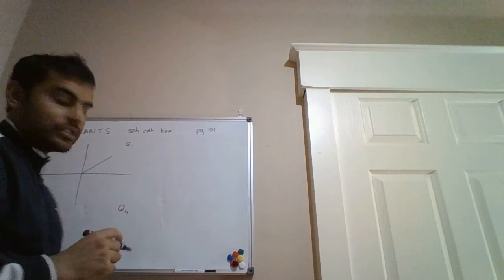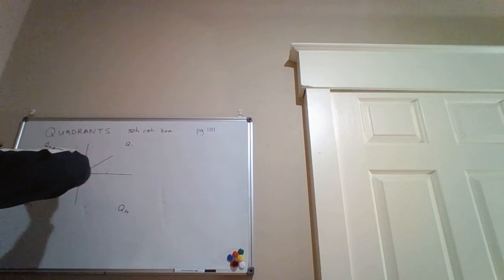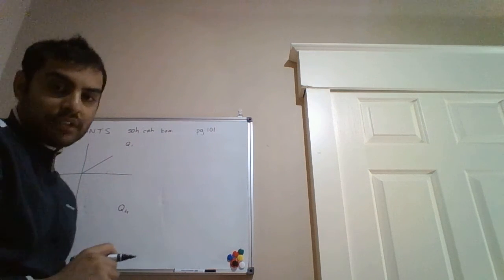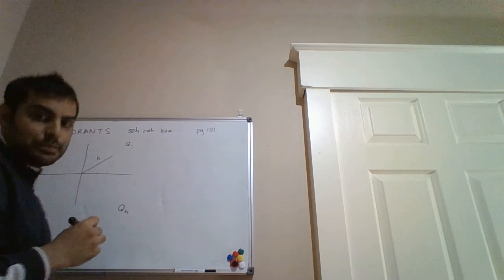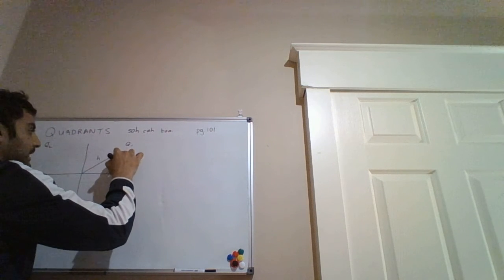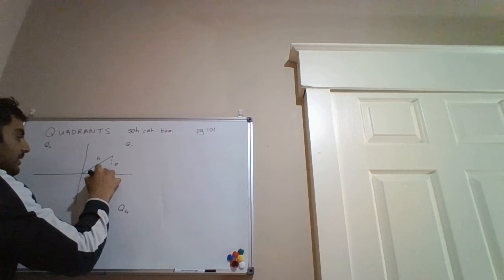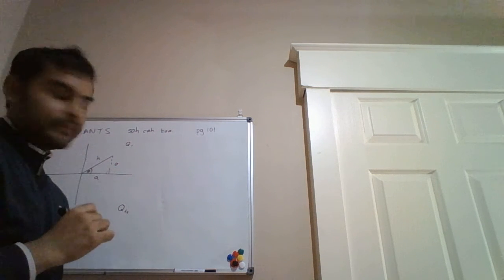So remember, we start off with a hypotenuse at 0 and we move anti-clockwise one full rotation. The hypotenuse is always positive. We have opposite and adjacent relative to our angle theta.